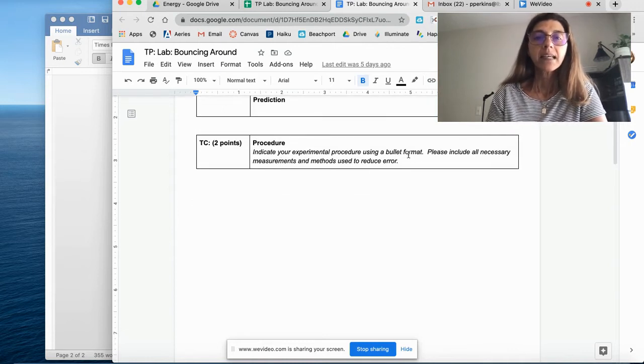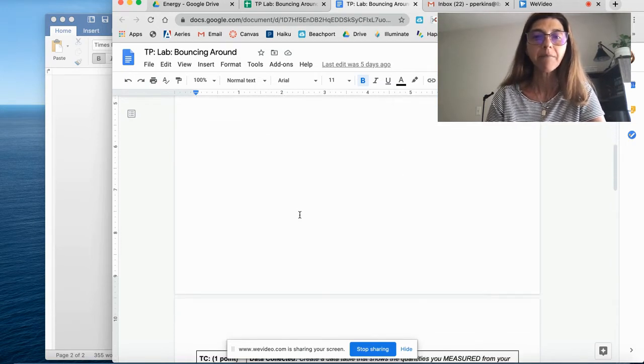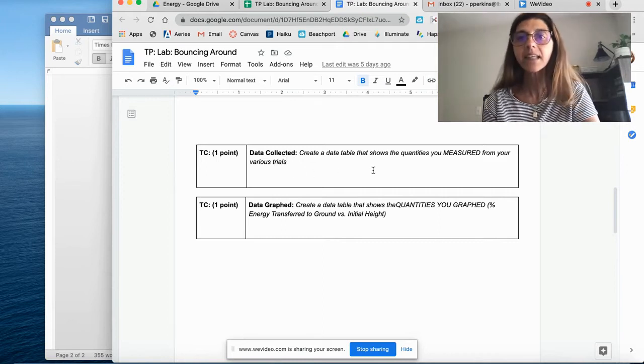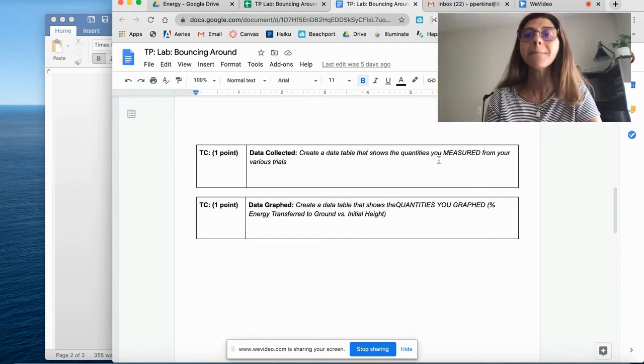Please list in bullet format the procedures you followed to collect the data in your lab. Here, you are going to create a data table. Don't copy and paste. Create a data table showing the quantities you measured. What did you measure? Not calculated, but what did you measure?